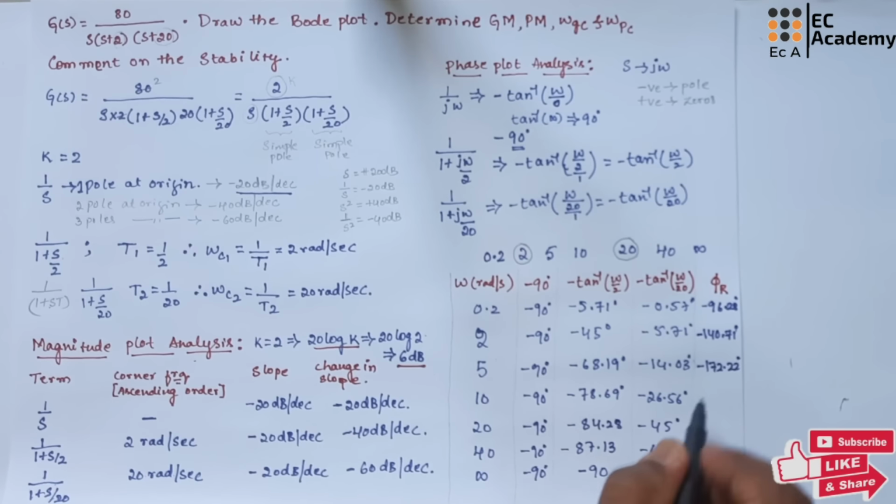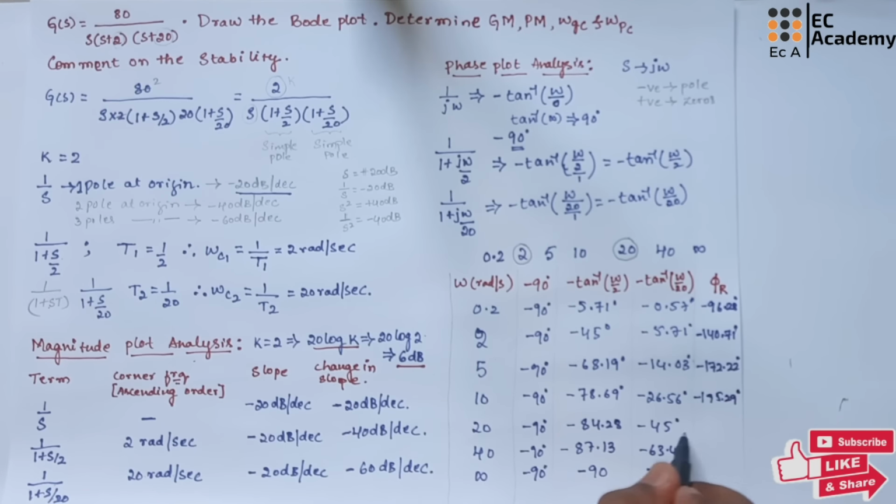Adding all these values, we will get minus 195.29 degree. Then minus 219.28 degree. Again we will get minus 240.56 degree. Then it will be minus 270 degrees at infinity.